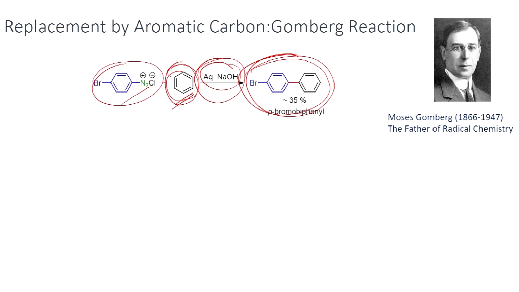If you look at the reaction pathway, here the diazonium salt first undergoes reaction to give the addition product, which can exist, as I mentioned earlier, in geometrical isomers.